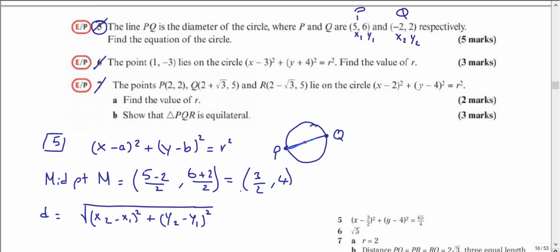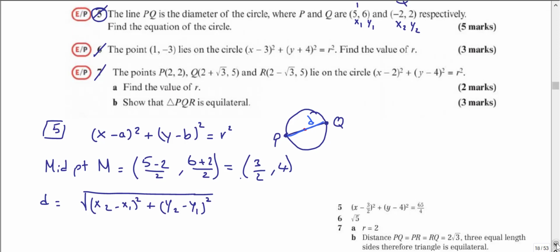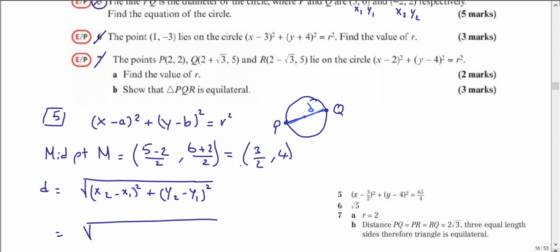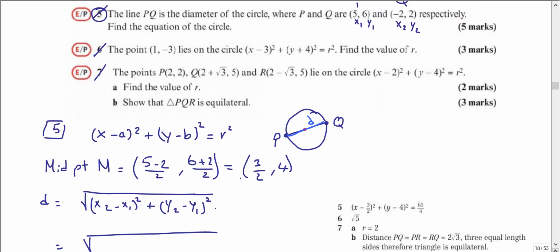So here I want the diameter. So try to find the diameter. So x2, that's negative 2, you can see here, negative 2. Then x1, 5 squared plus y2, that's 2 minus 6 squared.